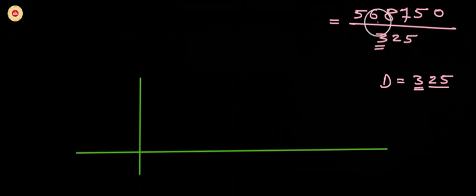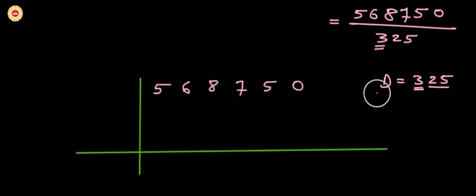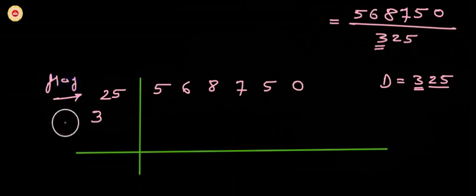So first of all, write this dividend and let us write divisor. Let us write flag digits 2 and 5 at the level of this dividend. See, this is flag and this is actual divisor.